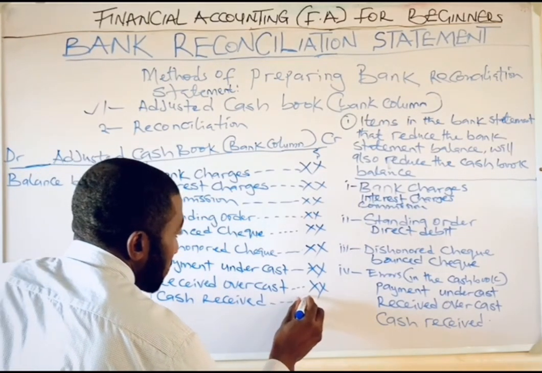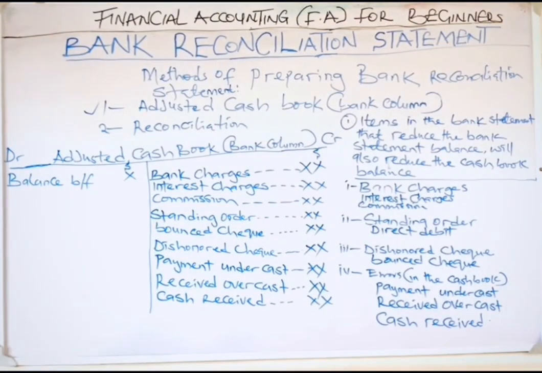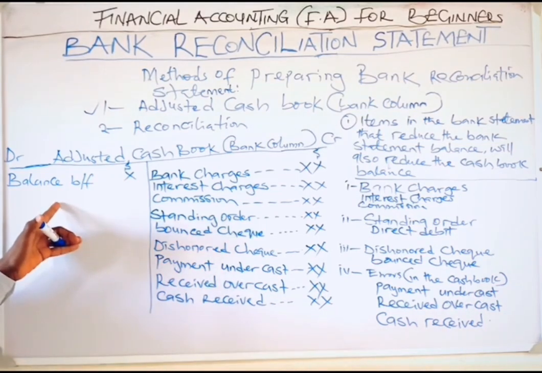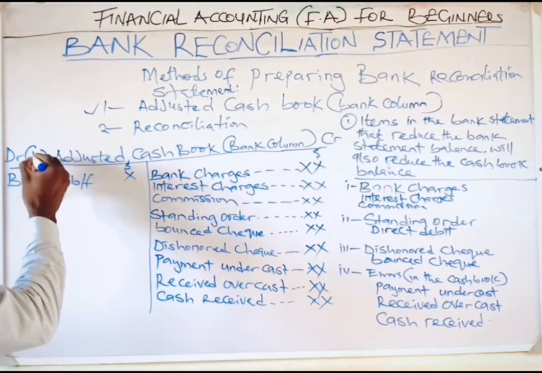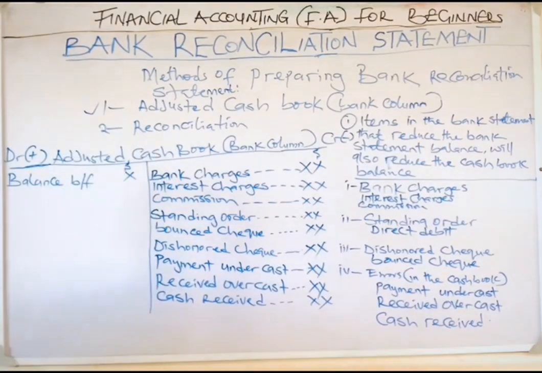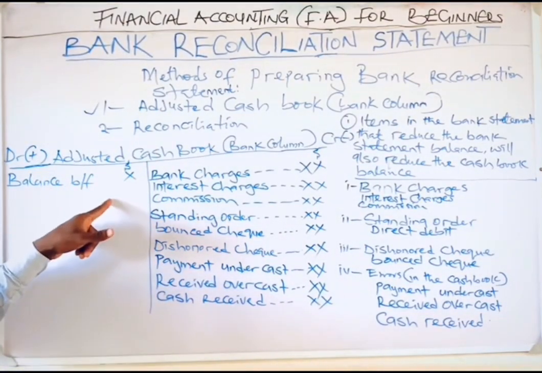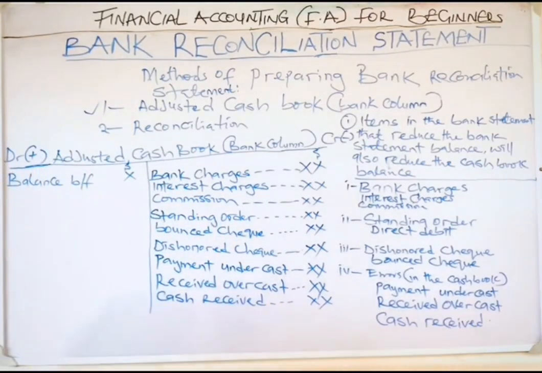I've explained this. So these are the items in the standard format of the adjusted cash book that are supposed to affect negatively the balance of our cash book. Here is the same thing as positive, and here is the same as negative. So whatever comes in here will add to the balance, and whatever comes in here will reduce the balance of our cash book. That is the bank column of our cash book.